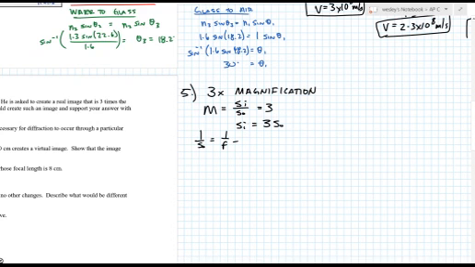So 1 over SO plus 1 over SI is 1 over F. Okay, this is what we've got: 1 over F equals 1 over SI plus 1 over SO. But I know that my image distance is 3 times my object distance. So I can substitute that.